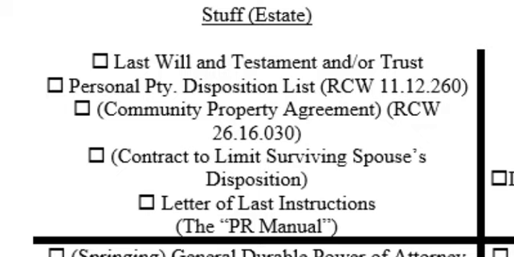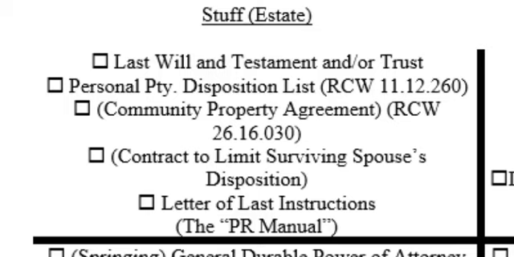And that's the law that governs this personal property disposition. Well, what is it? It's actually something that says you can dictate what happens with personal property, not real property, but personal property, without having to go through the formalities of two witnesses and a notary like you do with the last will and testament.